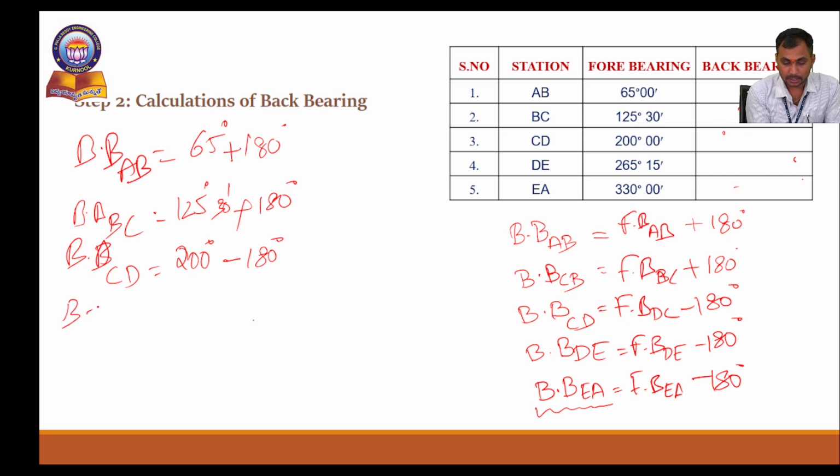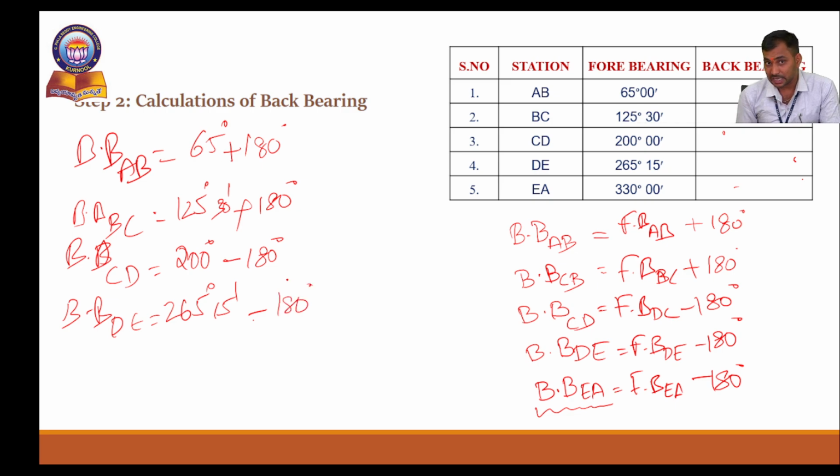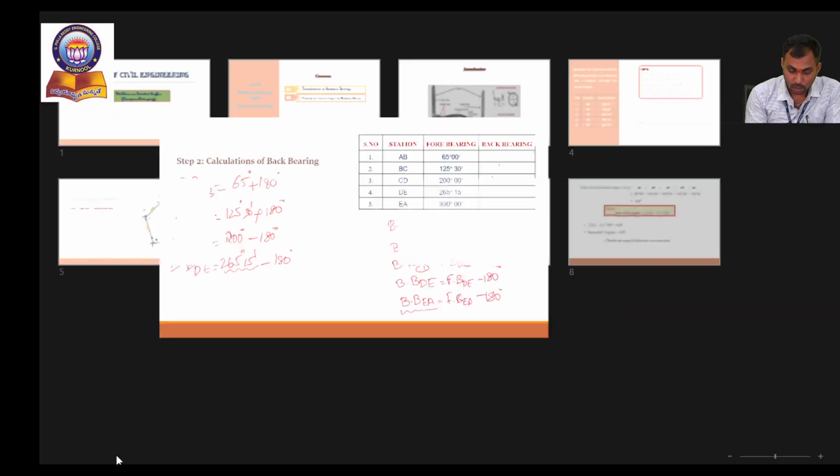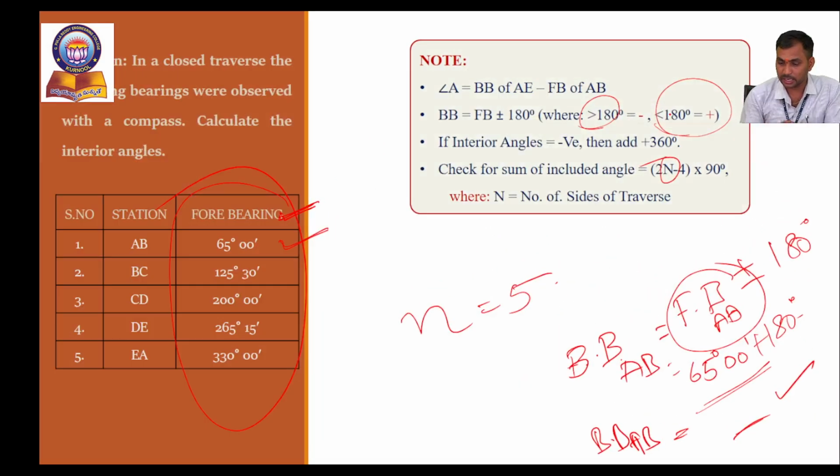Next, back bearing of D to E. What is the fore bearing of DE? It is 265 degrees 15 minutes minus 180. Why have I kept minus 180 here? Because 265 degrees is more than 180 degrees. If you want to check the condition, you can check here. If the fore bearing value is more than 180 degrees, then write minus 180.